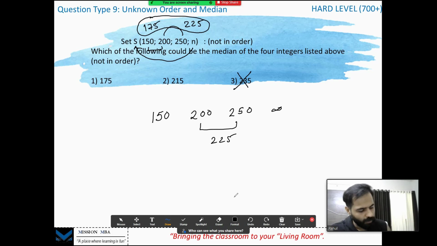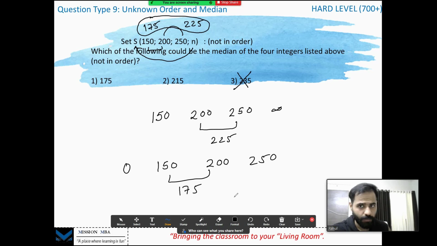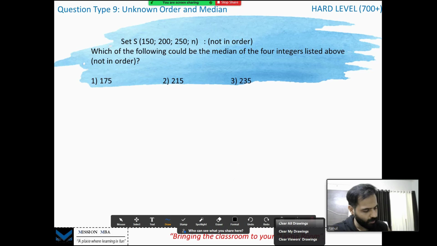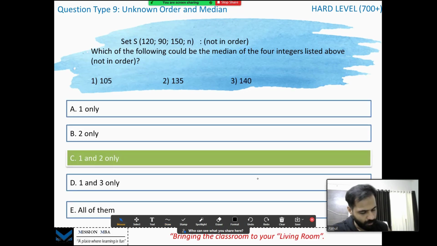Similarly, if you keep it very low, let us say 0, then also you will have the median as 175. You cannot get a median lower than 175. So what are the possible values? All the possible values between 175 and 225. So this is allowed and this is allowed. So the answer to this particular question is first and second. Yeah, so the answer is first and second.